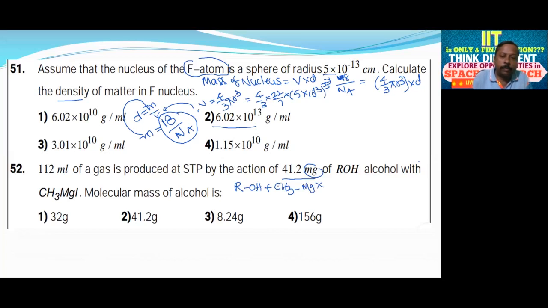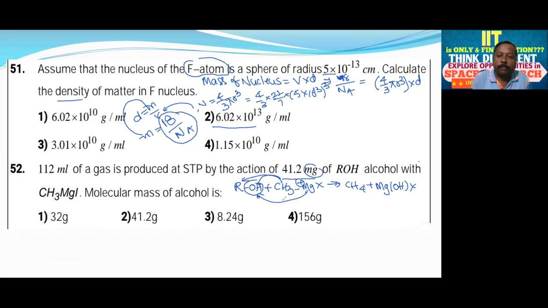When they react with each other, the OH and CH3 combine, and the product is CH4 plus Mg(OH)X. The magnesium is positive, so it goes onto the negative. Methane gas is produced.